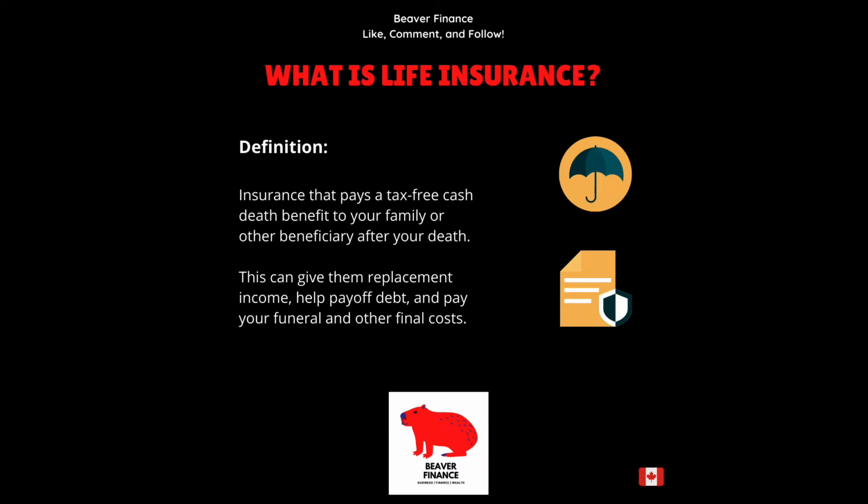Add all that number up, and that will be the death benefit that you'll need. Now, do consider if that income replacement timeline is longer than 10 years, just add on, say, 5 more years if 15 years would take your children to an age of post-secondary education. So that's how we typically calculate death benefits.